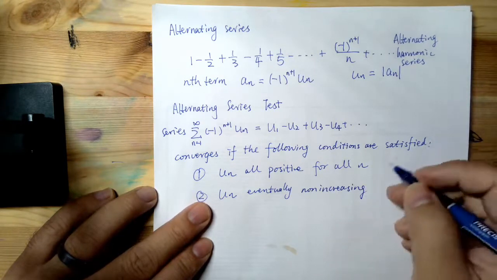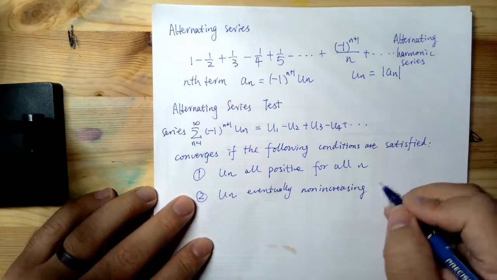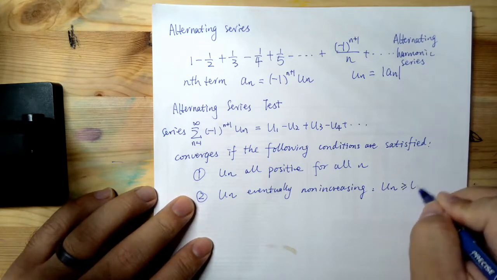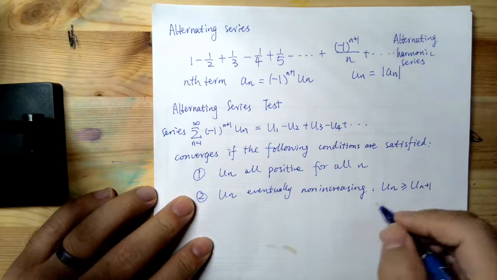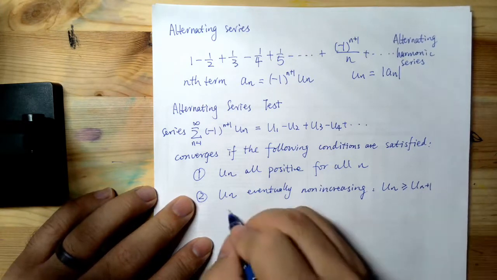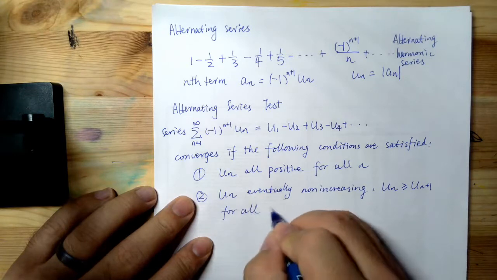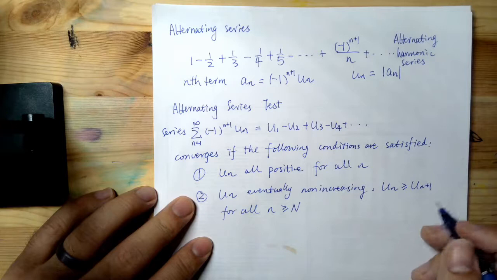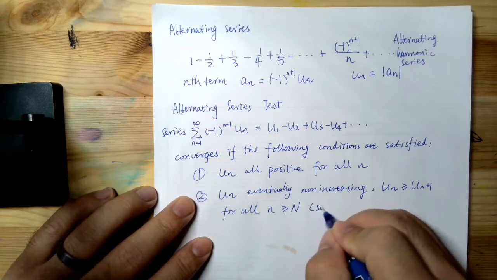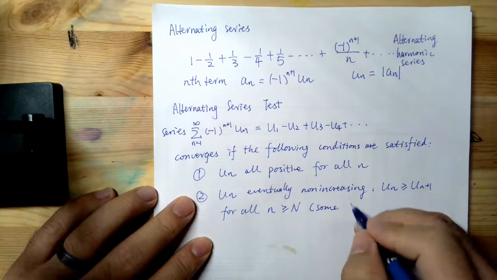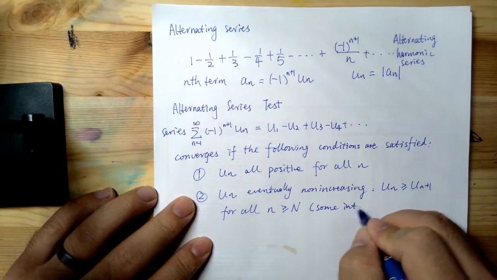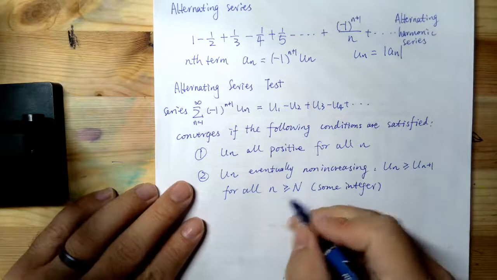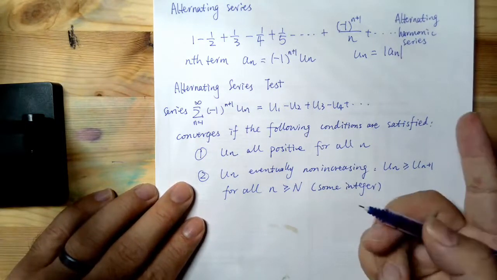In other words, we need to have u_n greater than or equal to u_(n+1) for all n greater than or equal to some integer N. This capital N is some integer, so it is not necessary to start from 1.